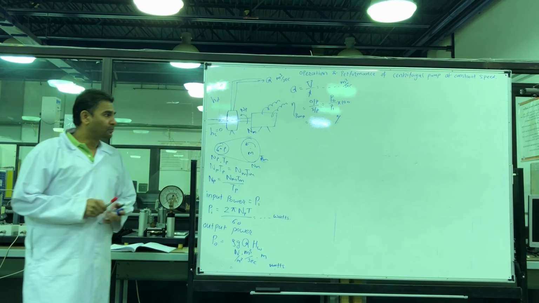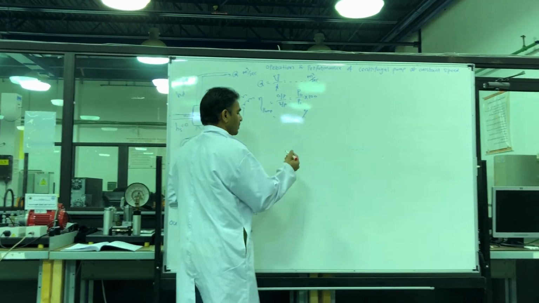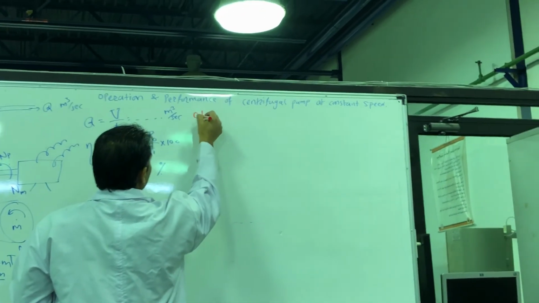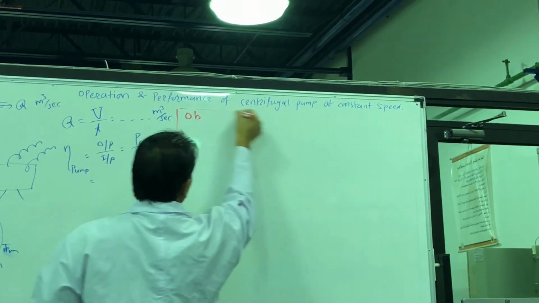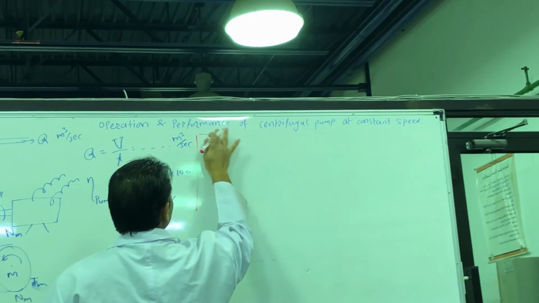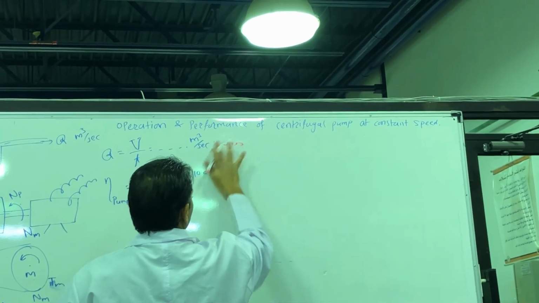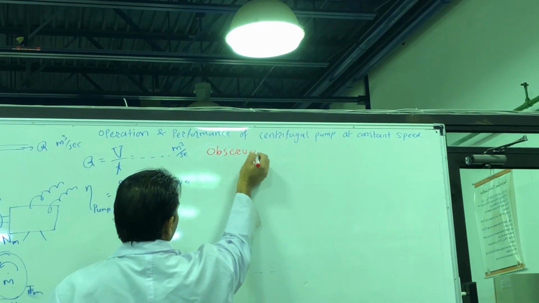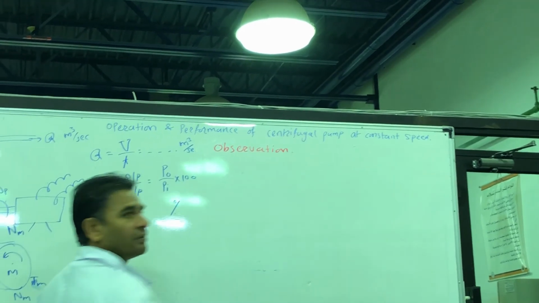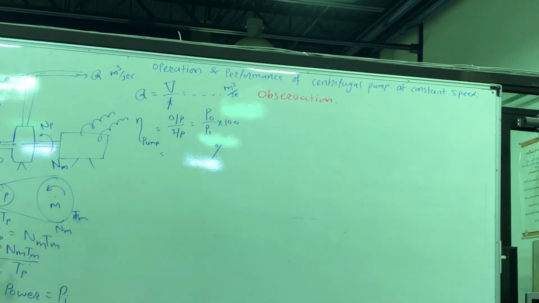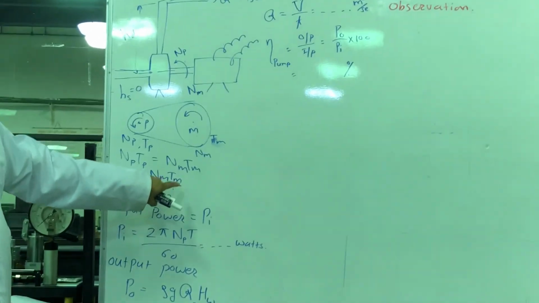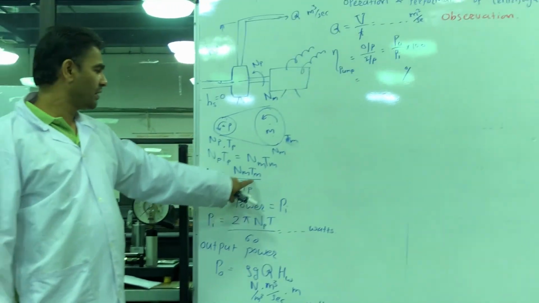Now, observation table. How can I write the observation table? What do I need to observe? I need to observe number of teeth on motor and number of teeth on pump.